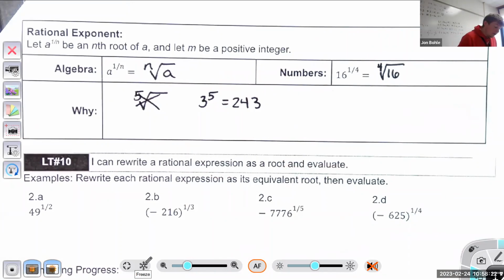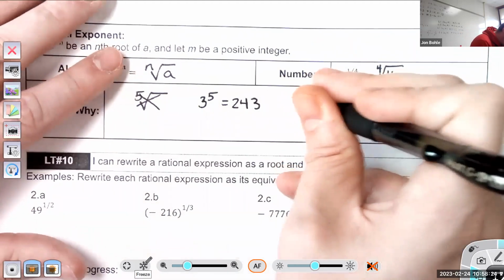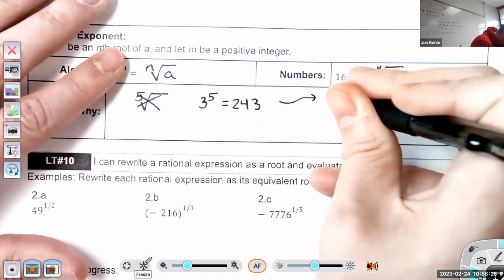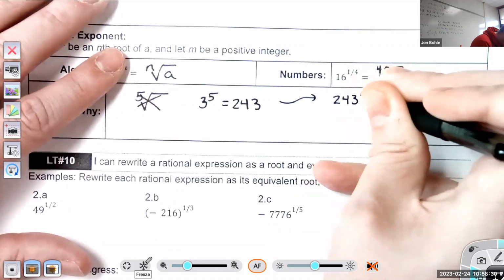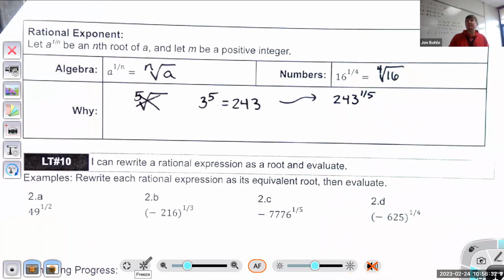So now, off on the side, what I'm going to do is take 243 to the 1/5 power.